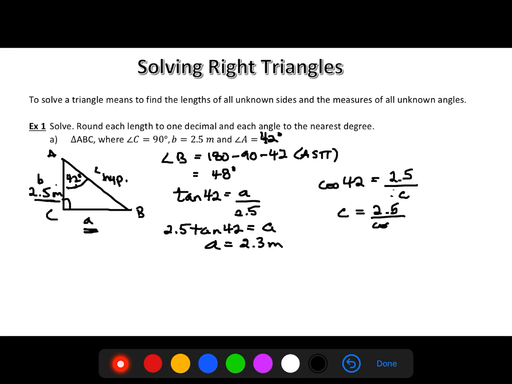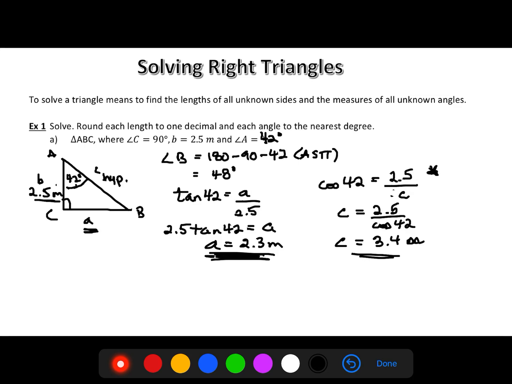We can do two steps in one here: taking our c over to the left, we're also going to bring our cos 42 over to the right. So 2.5 divided by cos 42, and here we get 3.4 meters. Now, for this step, we could have used Pythagorean theorem because we know two sides of our triangle. The only issue is that we rounded this one, which is why it's better to use the given information here.